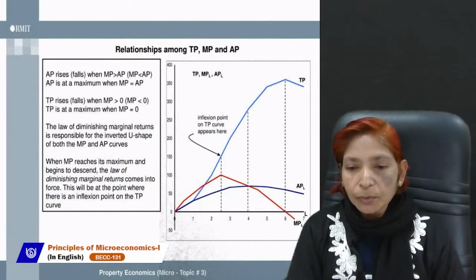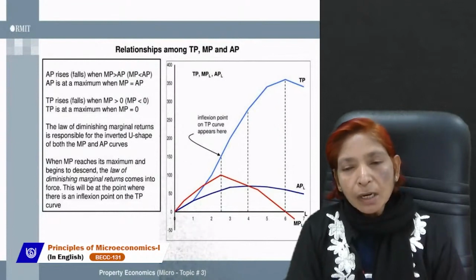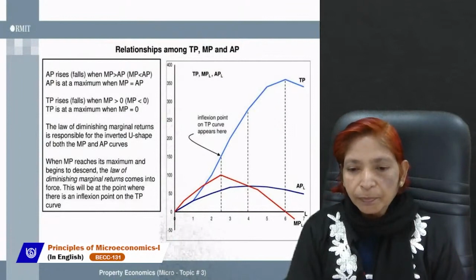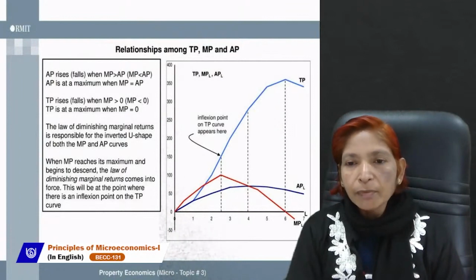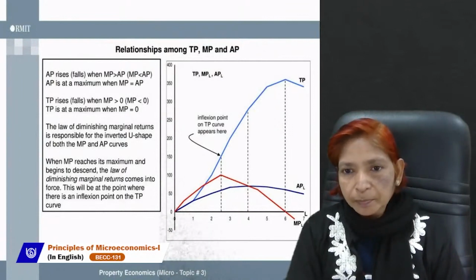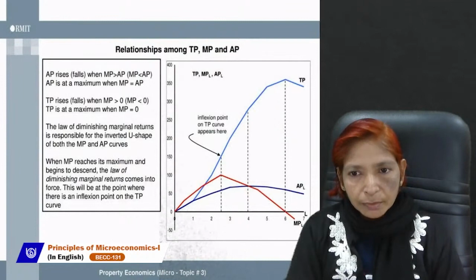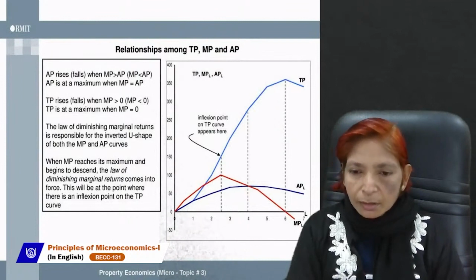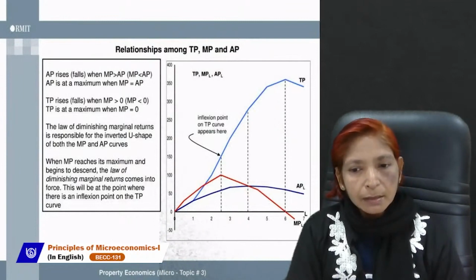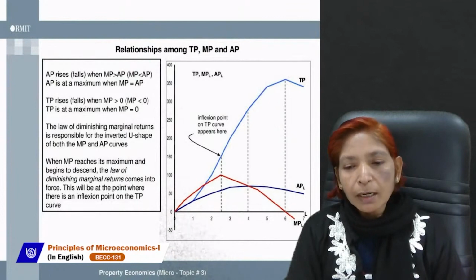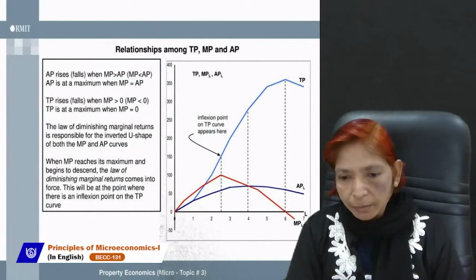AP can't be 0. When TP starts falling, MP becomes negative. In that case, AP will start declining. But AP can't be negative. AP can fall, AP can rise, but AP, average product, can't be 0 or negative.